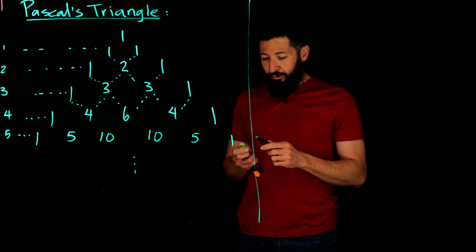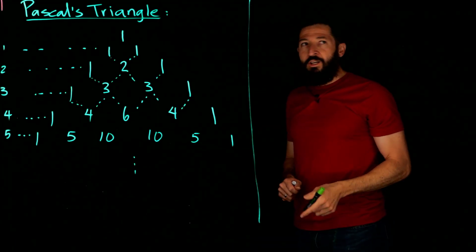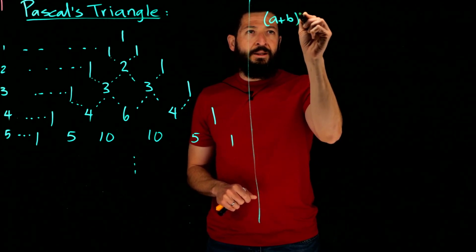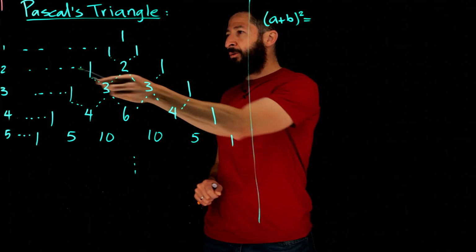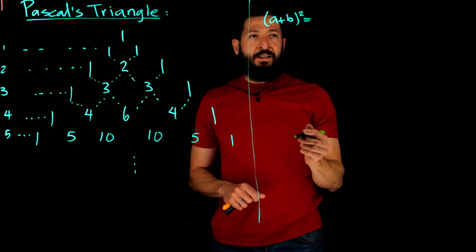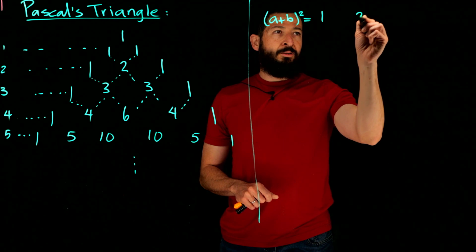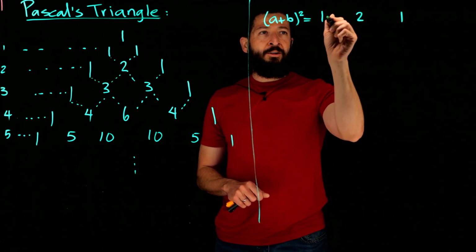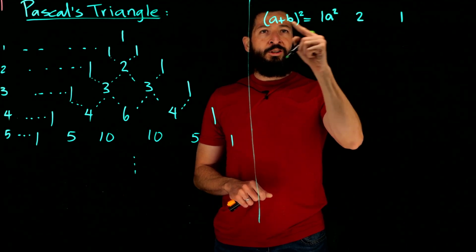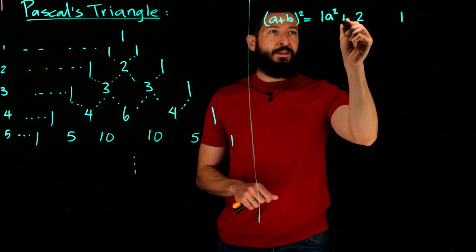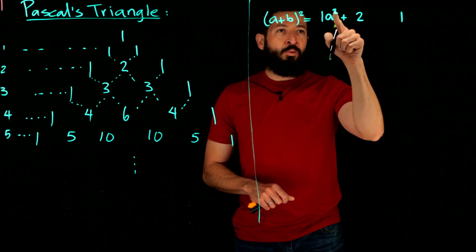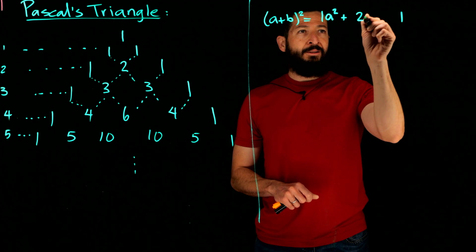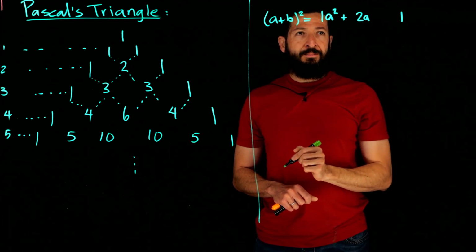And what is it useful for? If you wanted to do a plus b squared, you go to your n equals 2 right here, and that gives you the coefficients 1, 2, 1. And what do I multiply here? I start with the square of the first one, a squared. Then I go down 1 in degree from a squared, so I get a times b.